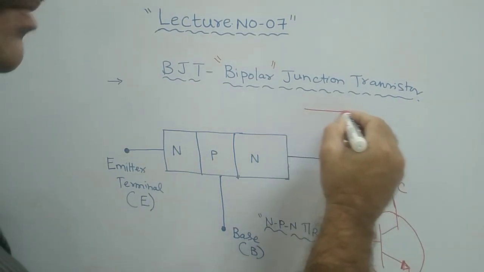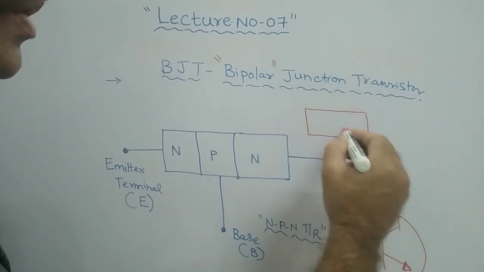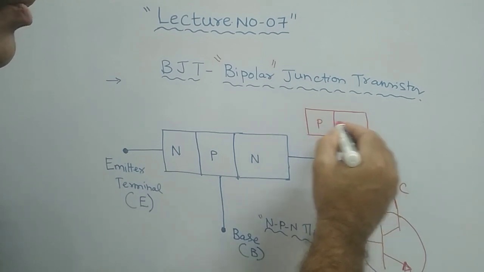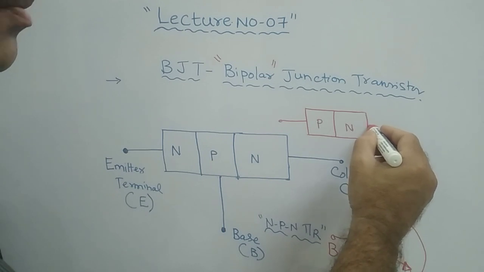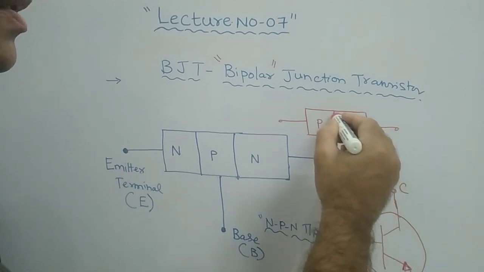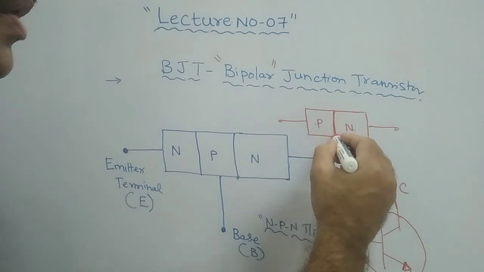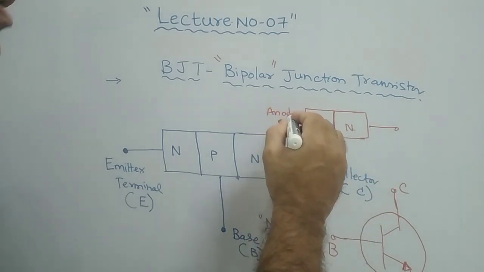For example, if you draw the PN junction diode, we have P-type material and N-type material. If you bring both together, a junction is formed between the two. This is called the junction. This is the anode here, because it is a 2-terminal device only.